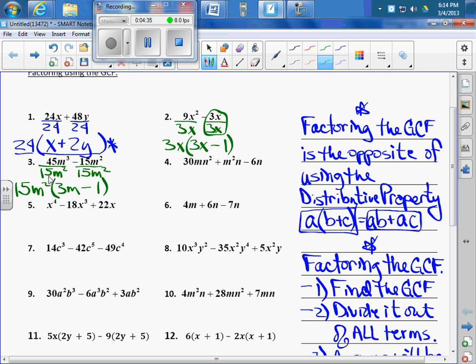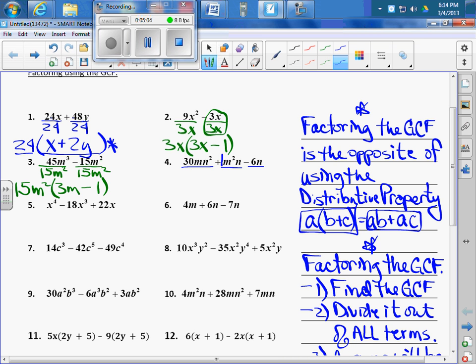In number 4, you have 30, 1, right? The coefficient here is 1, and negative 6. Well, it doesn't do any good to factor out just 1, so we're going to leave the coefficient alone. We have m squared, and no m's, so there's no m's in common in number 4. But look at the n's. We have an n squared, we have an n and we have another n.